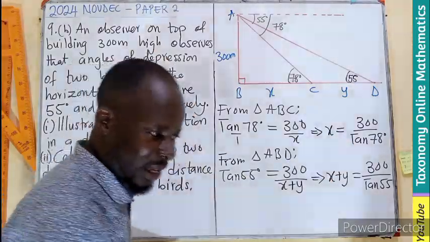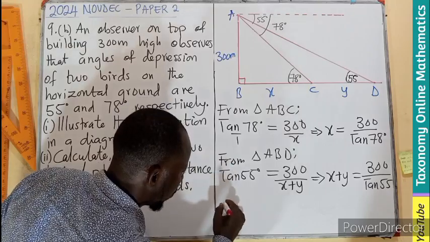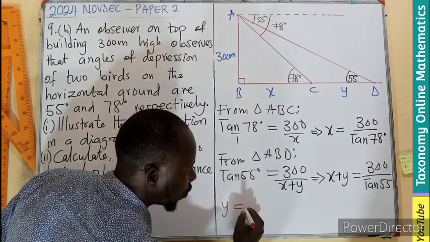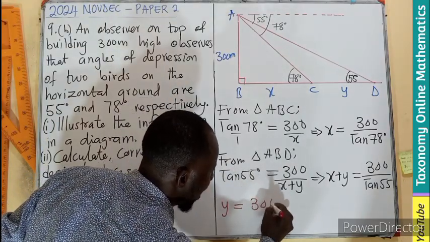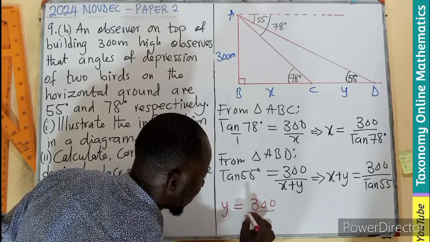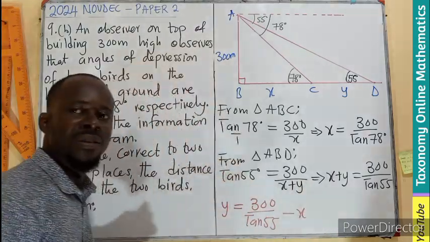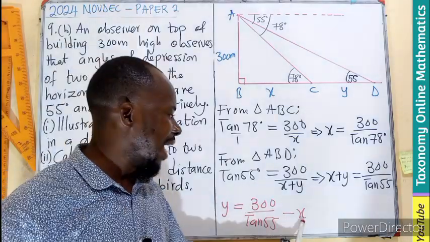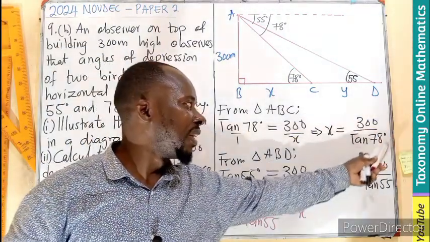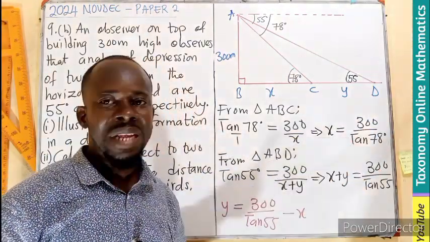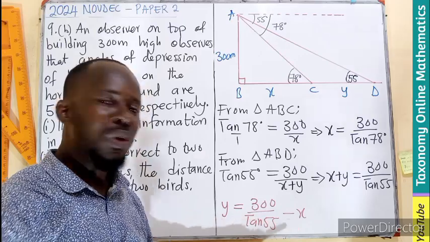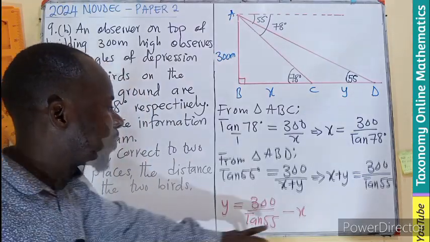What I mean is that I can just say that y equals 300 divided by tan 55 minus x. Already we know what x is. The x is representing 300 over tan 78. So we substitute, and we can find the value.